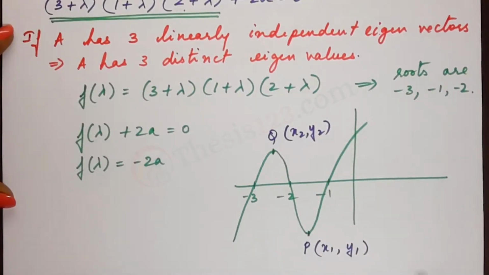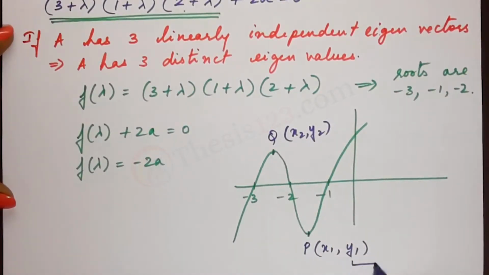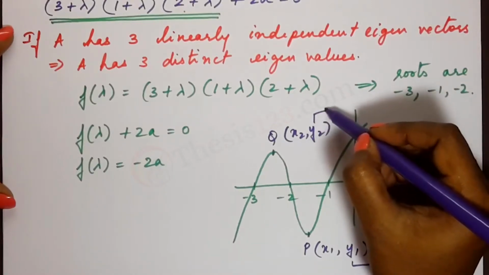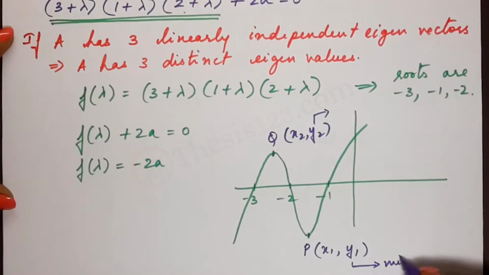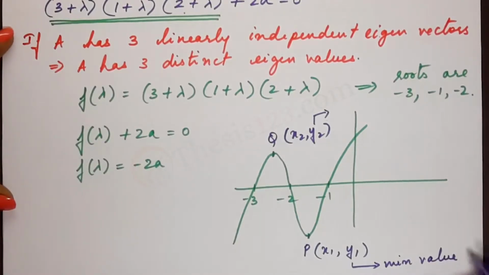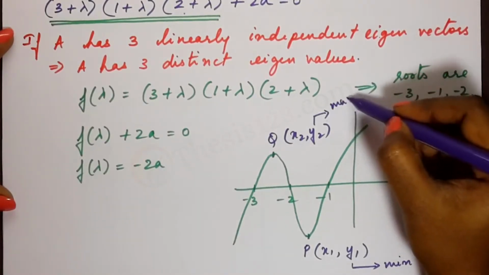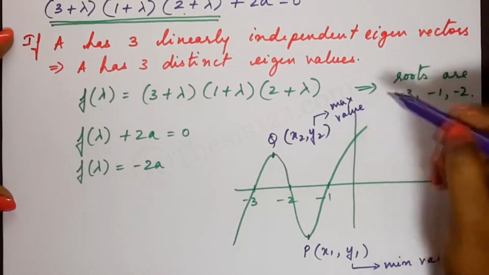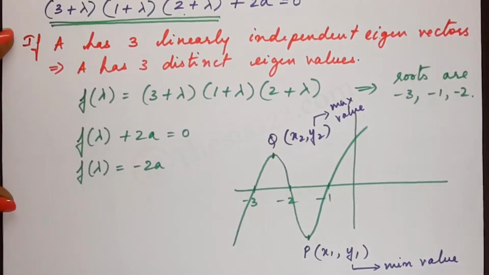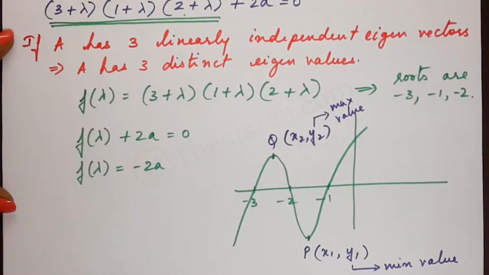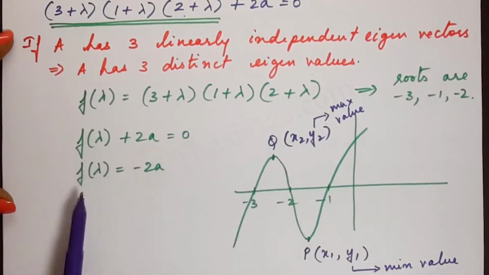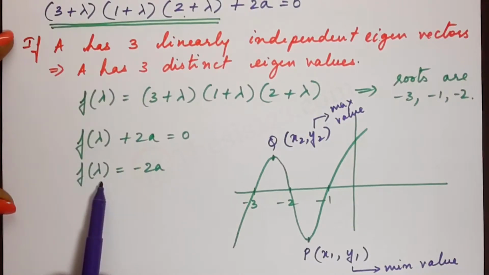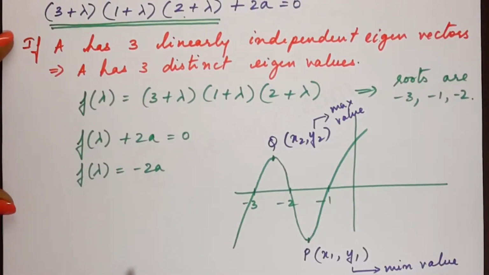The key is that we need to find y1 and y2: y1 is the minimum value of f of lambda and y2 is the maximum value of f of lambda. That is what we need to find.